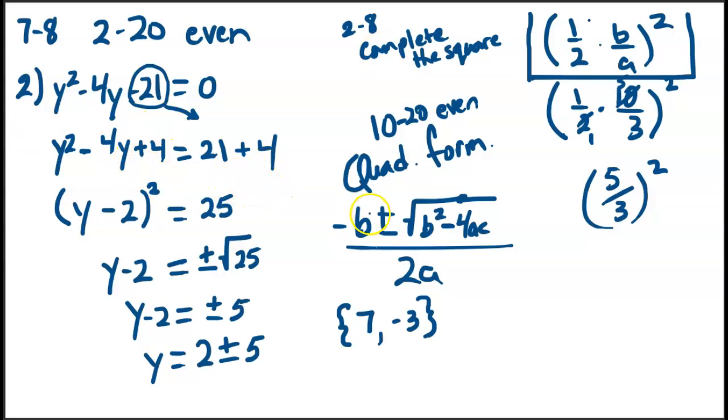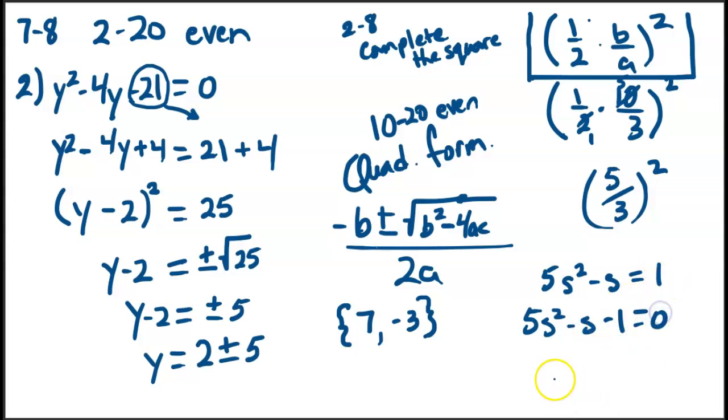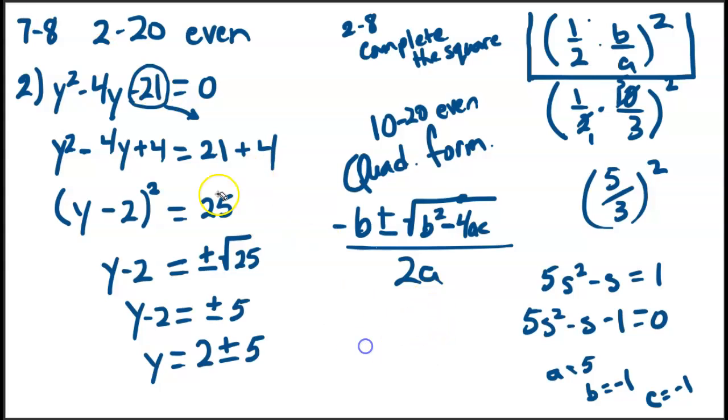Now for the, once you get to number 10, right, what do we have? We have 5s squared minus s equals 1, right? So set it equal to 0. 5s squared minus s, bring the positive 1 across, becomes -1. And then note, my a is 5, my b is -1, my c is -1, right? Give myself a little space here. So we're going to substitute those values.